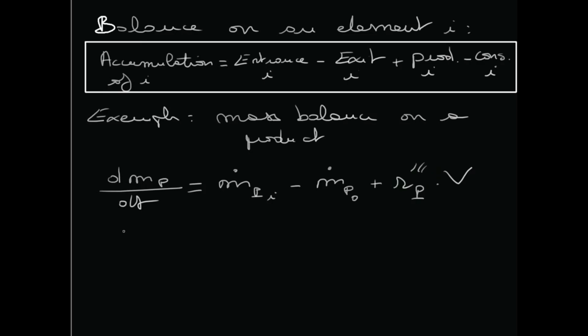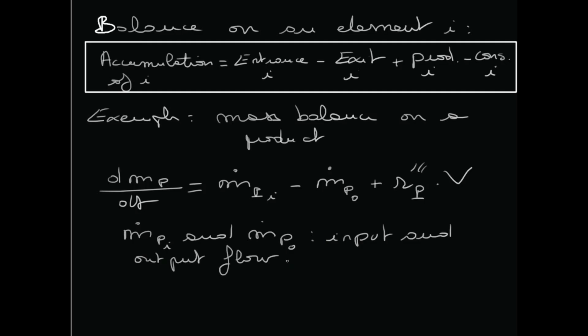I explain this expression. M dot P I and M dot P O, O for output, I for input, are the mass flow of P at the input, and the mass flow at the output of the reactor.